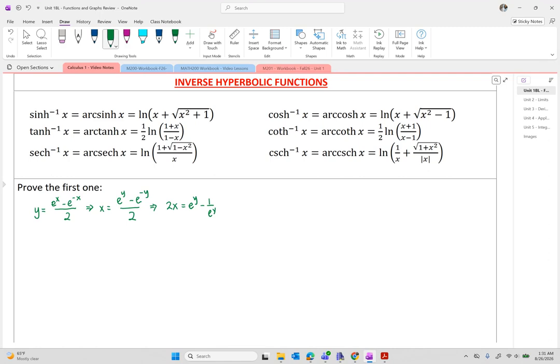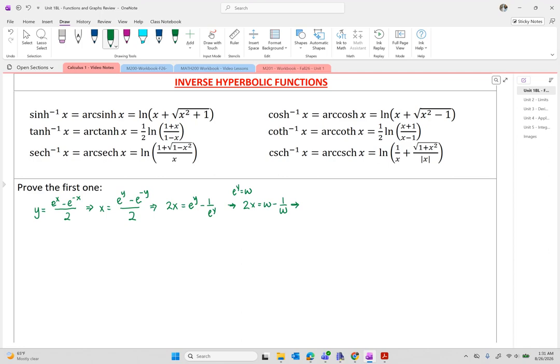Let me call e to the y equal to w. Then I will have this equation: 2x equals w minus 1 over w. And w cannot equal 0 because e to the y is a positive quantity always, regardless of the value of y.